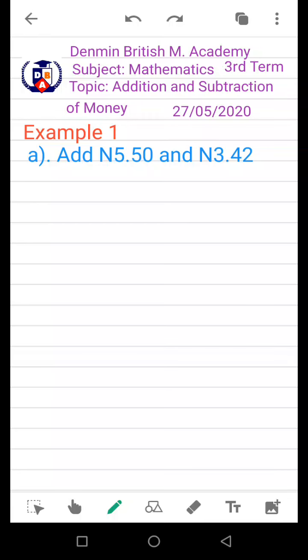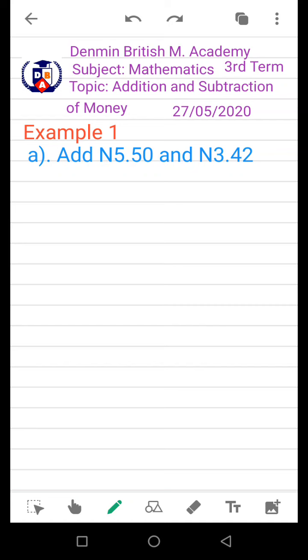Today in our class, we're going to be talking about addition and subtraction of money. In our previous class, we explained some of the basic currency of money, and then we did conversion from naira to kobo, and also from kobo back to naira.